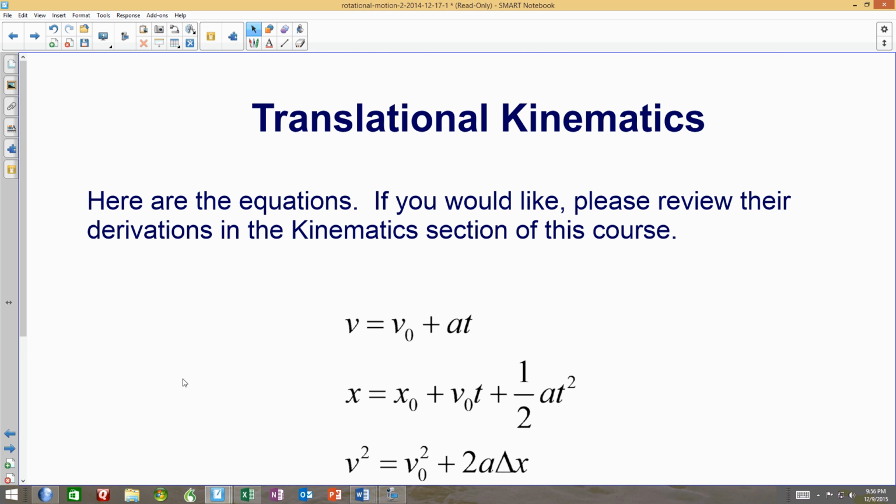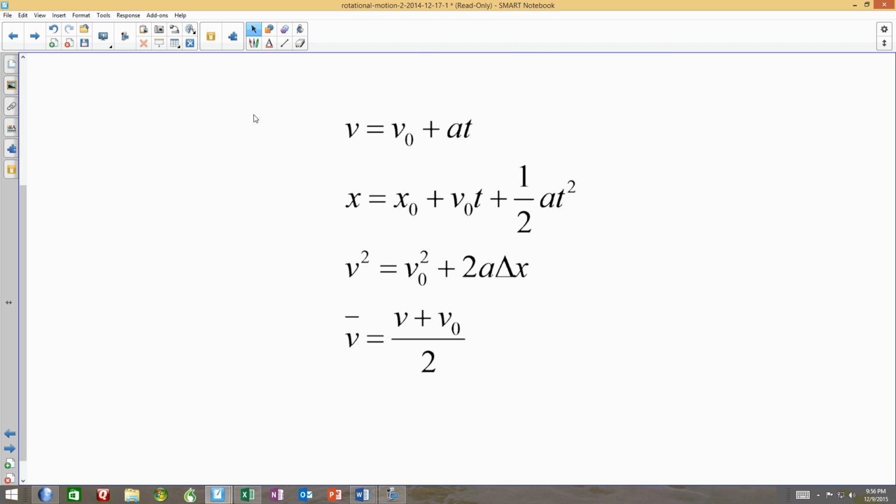Here are the equations that we had for our kinematics index card. And again, remember that we use vectors because they have magnitude and direction. And again, I'm not going to do this for the rotational equations. There's another one that's missing here, but it's really this equation here, and we substitute it into the equation for our definition for velocity.